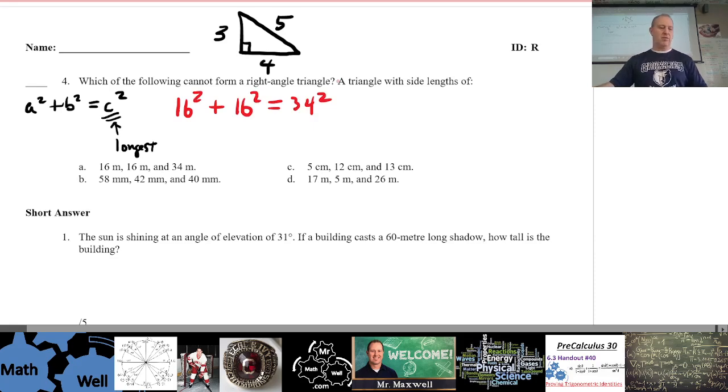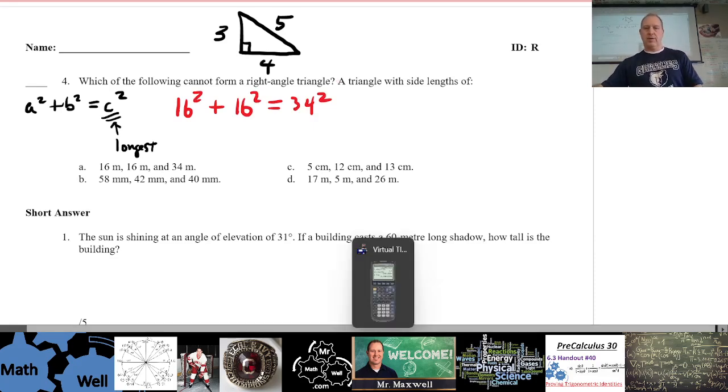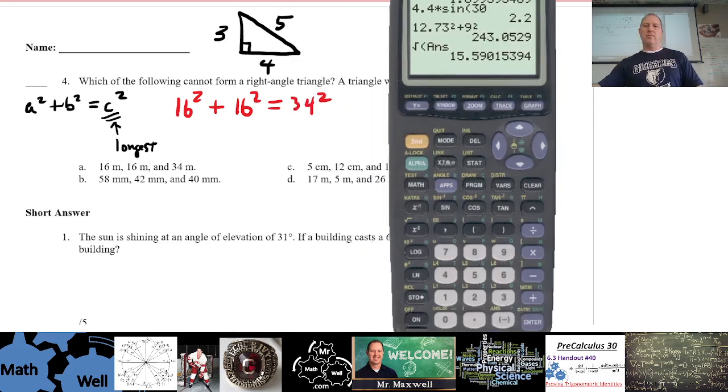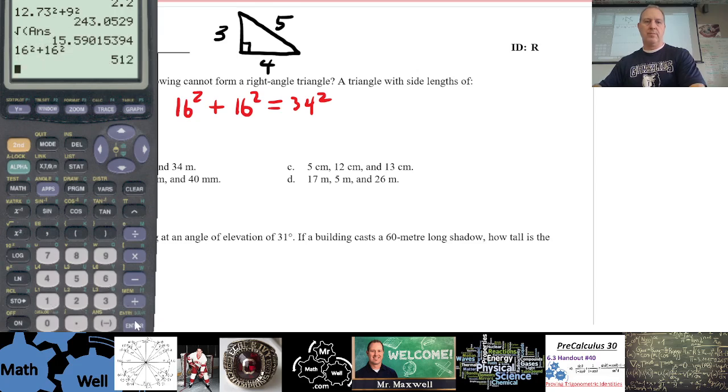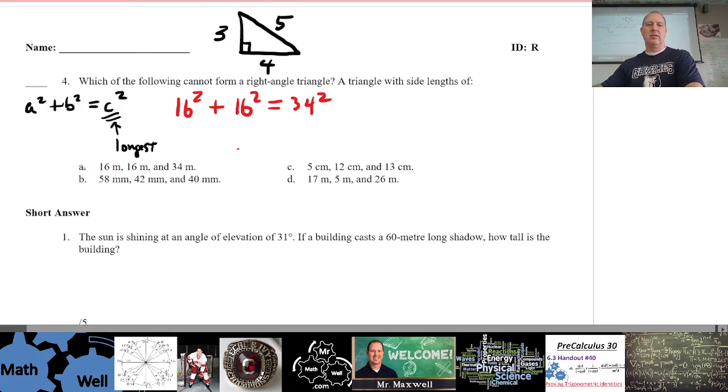Let's just check to see if that works, because we might run into the right one before we get all through them. 16 squared plus 16 squared, 512. Now let's check 34 squared. Not the same, right? That's not good. So it's not the first one, I guess.